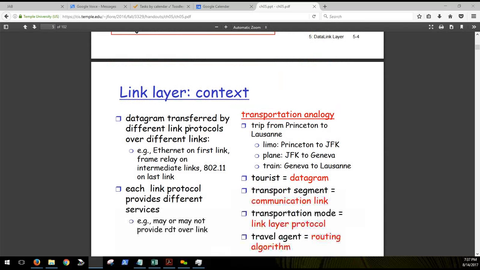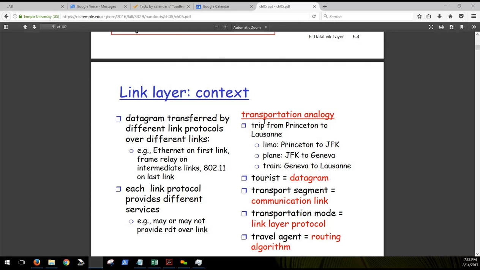So there are going to be different protocols over different kinds of links. Each link protocol provides different types of services. They may or may not provide RDT over a link. So let's take a look at this analogy.